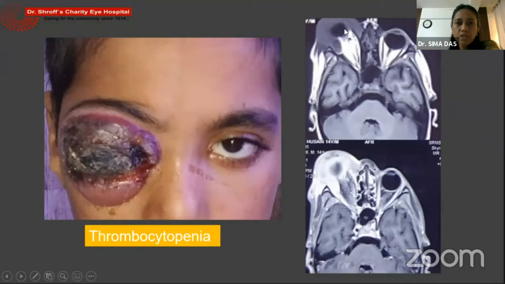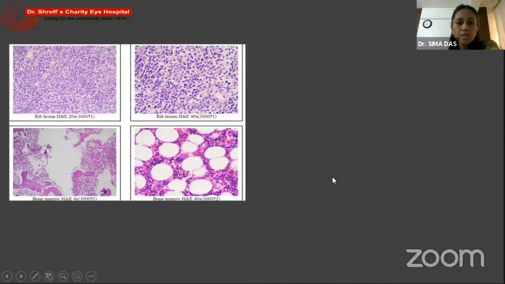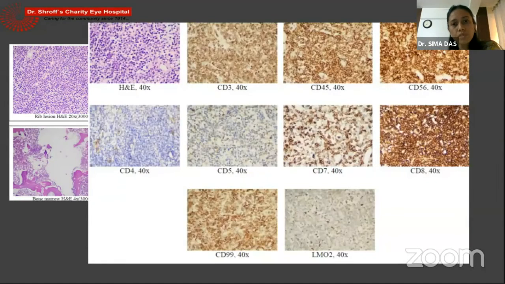His imaging did show a fairly well-defined anterior orbital mass lesion, which was enhancing very nicely with contrast. However, since he was not improving with conventional treatment, and subsequent imaging with a PET CT showed some other lesions in the lungs and lymph nodes, we went ahead with a biopsy, and the biopsy showed small round cells.